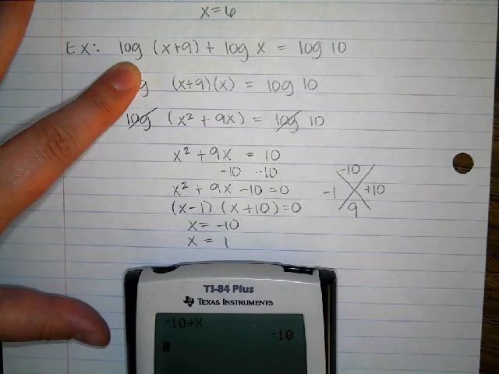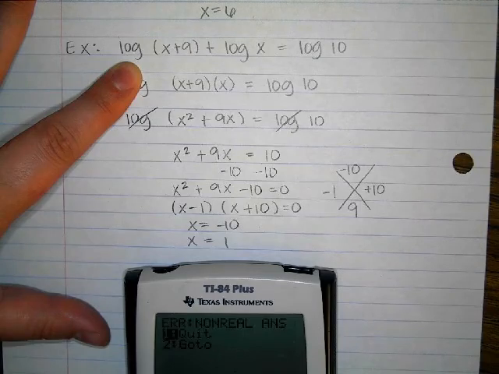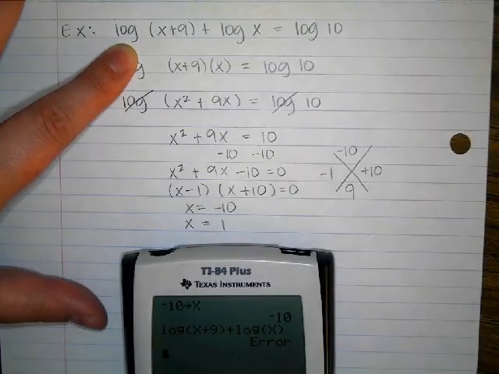So what does that tell you? I started with the negative 10, I tried to type it in, I got an error message. So what do we know about the negative 10? Not an answer. Okay, negative 10's no good. Now, what happens if I have 2 answers and both of them are bad? Yeah, the whole equation's wrong. You would say no solution. So that's a possibility also.